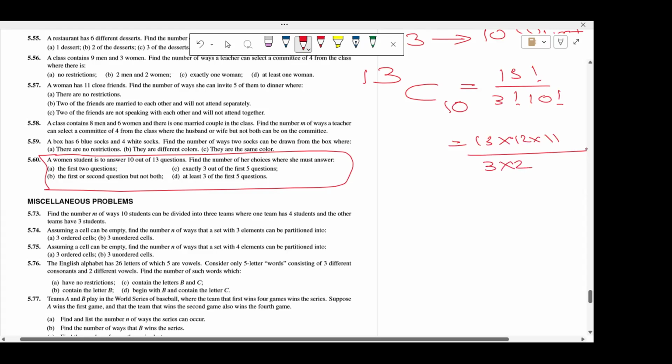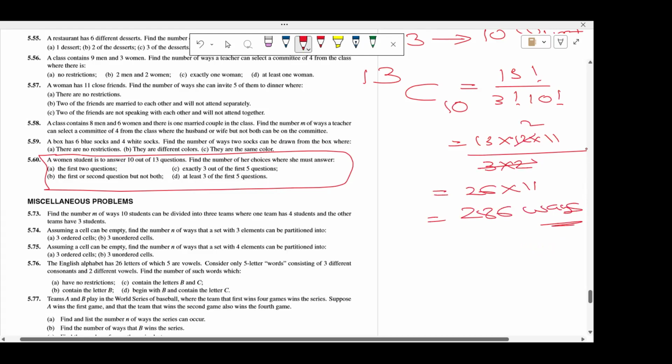So 3 into 2 is 6, here 2 times. So 26 into 11, 286 ways, right? So she can select the questions in 286 ways.